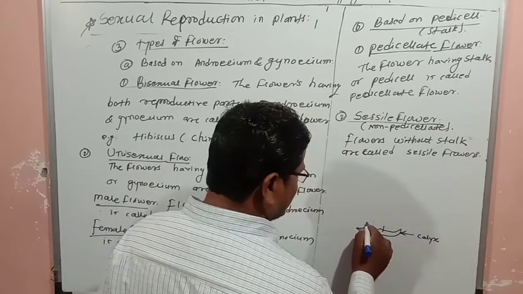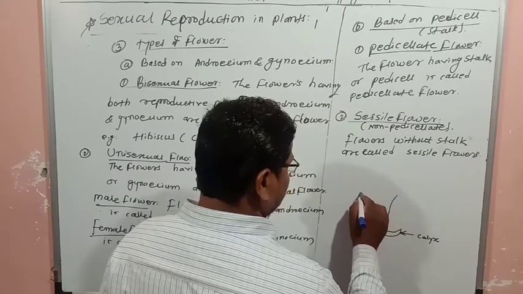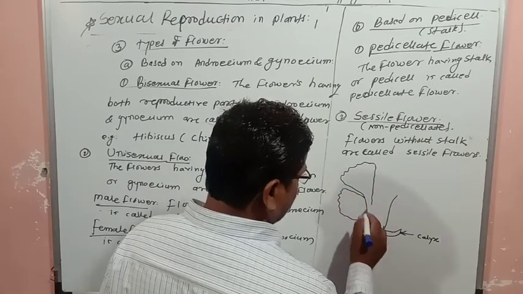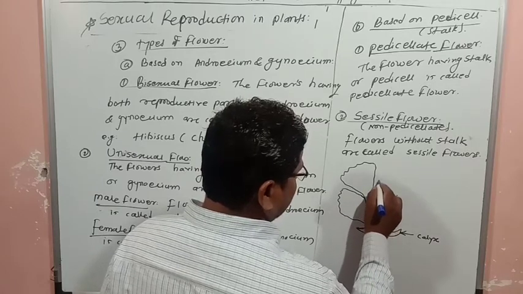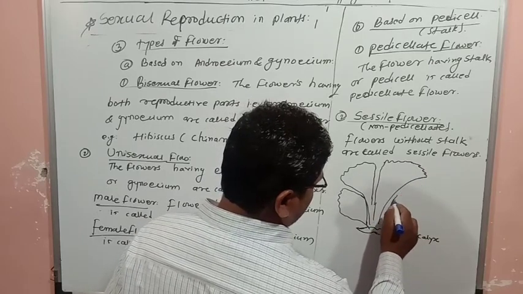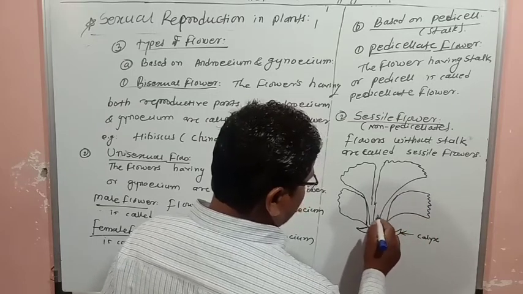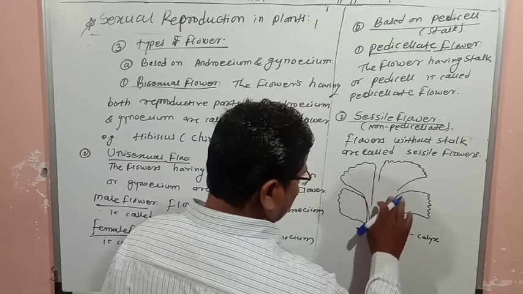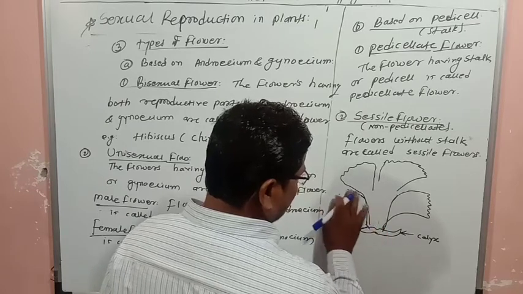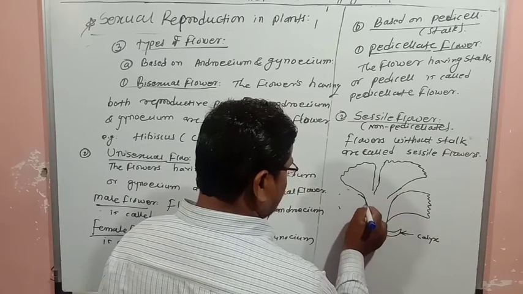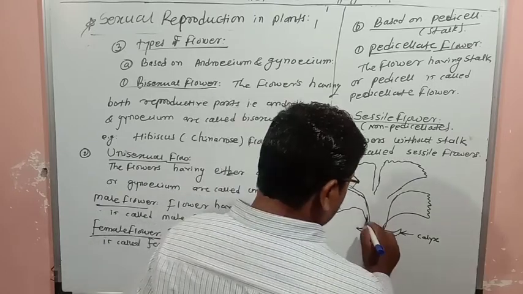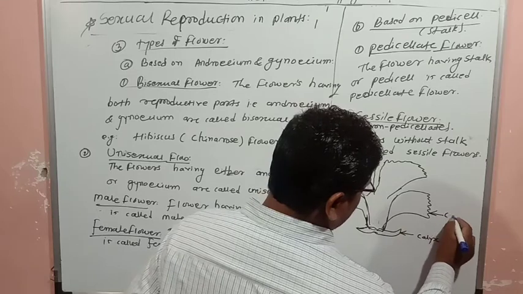From that calyx you can draw it this way. So like this, this one is the corolla.